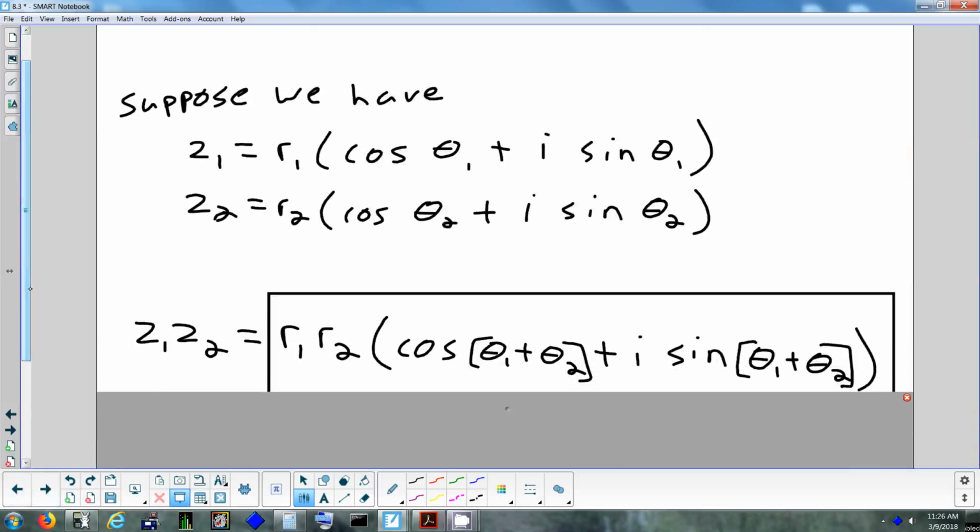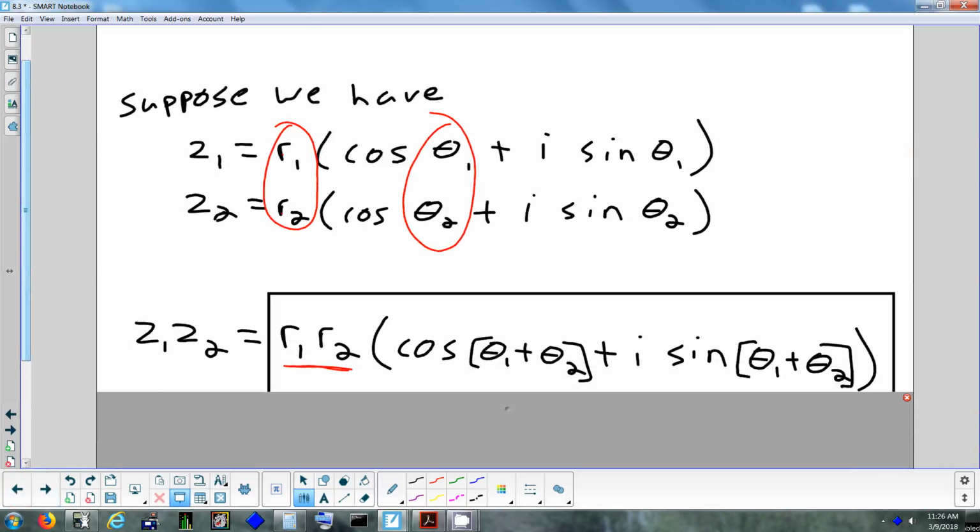So, to multiply 2 complex numbers in trig form, you have to do 2 calculations. You take these 2 numbers and you multiply them together. It's not hard. Don't worry. This is the easy one. Okay, you take r1 and r2, you multiply them together.